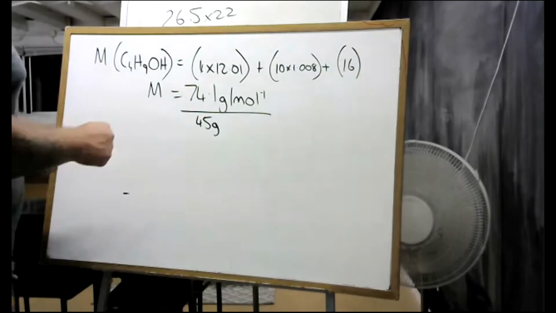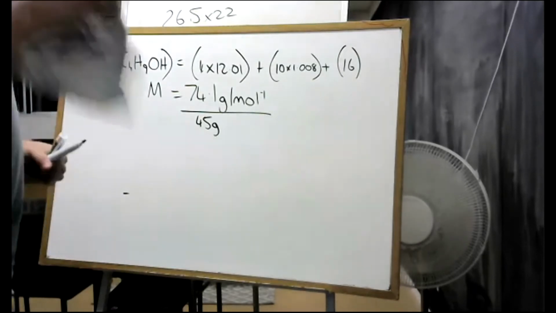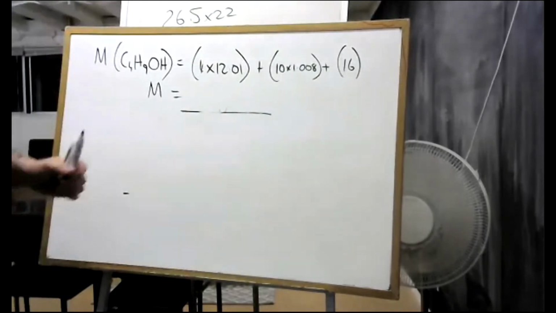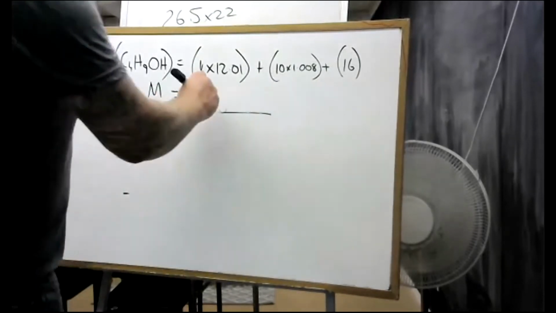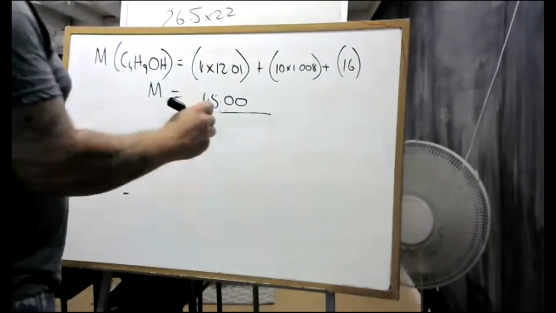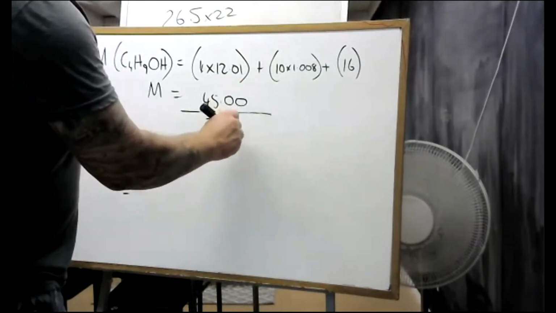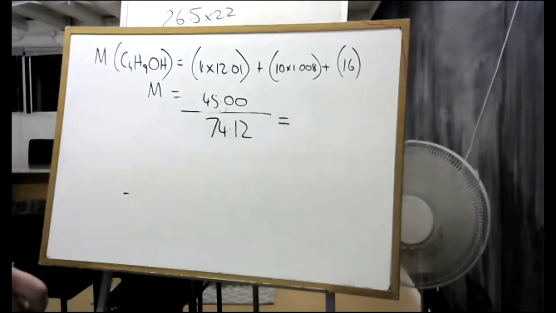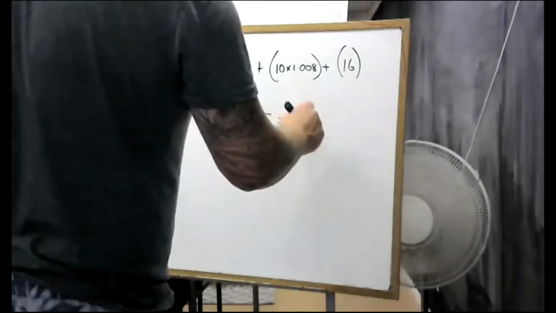They're supposed to go around the other way. So we divide the mass by the molar mass. So 45 divided by 74, which gives us 0.